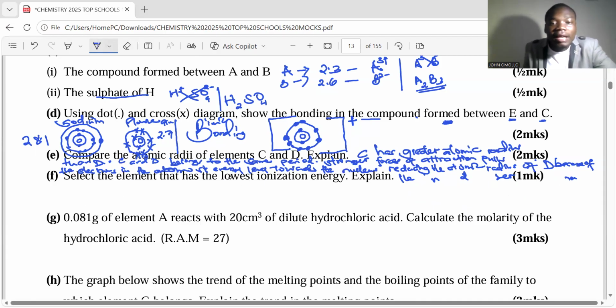Select the element that has the lowest ionization energy. Explain. Back to the diagram.